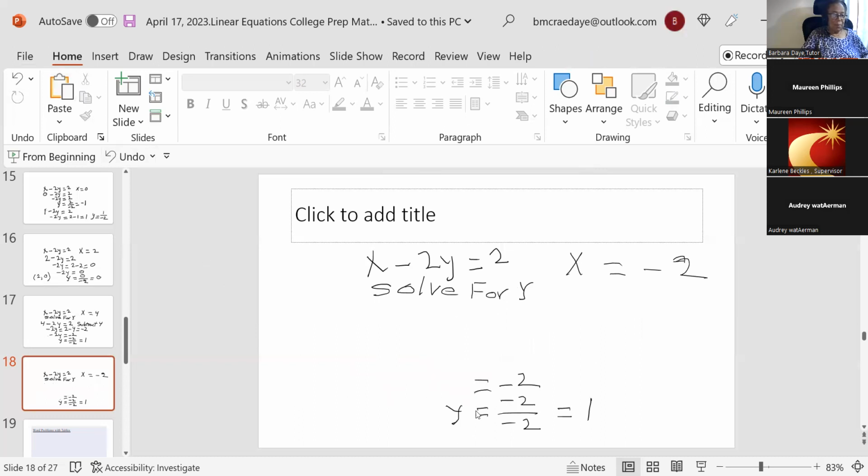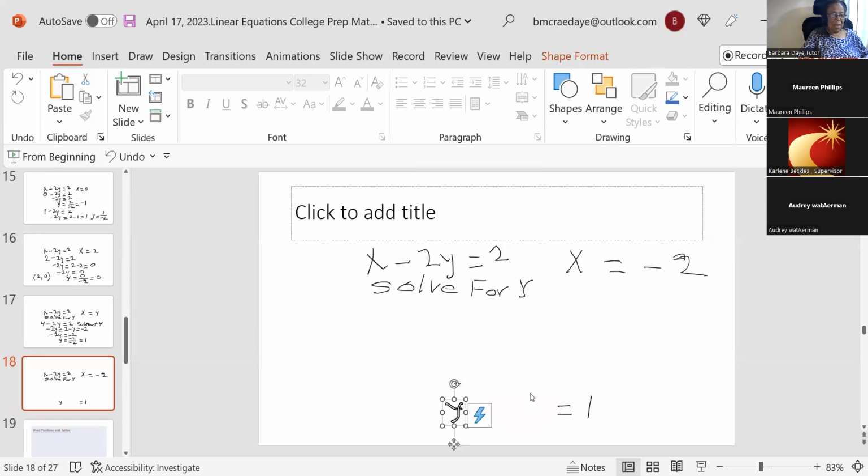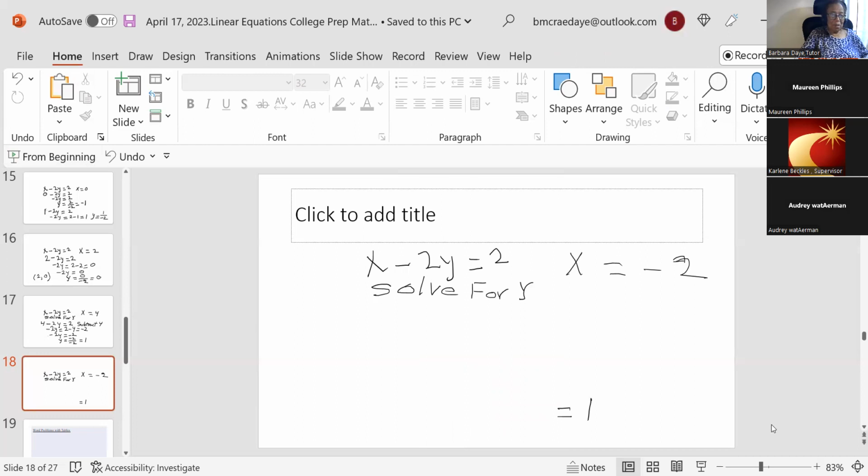Maureen, you solving it? Audrey, you solving it? So where you see the x, put a -2. Cut that out because that's from the other problem.